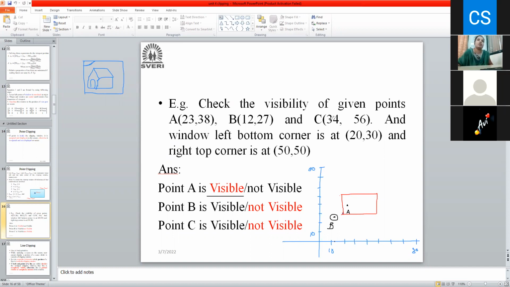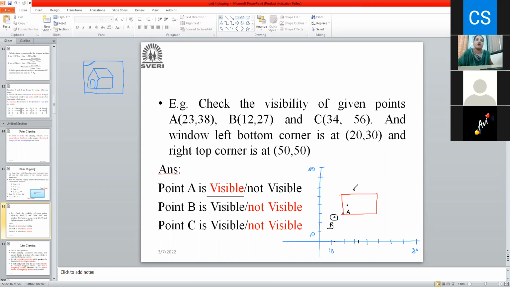So I will plot this point also. 34, first condition is matching. That's why this is your 34 point, 10, 20, 30, and 4. So 34 is the X value and 56 is the Y value. So here is the 30, 40, 50, and 56. Okay.